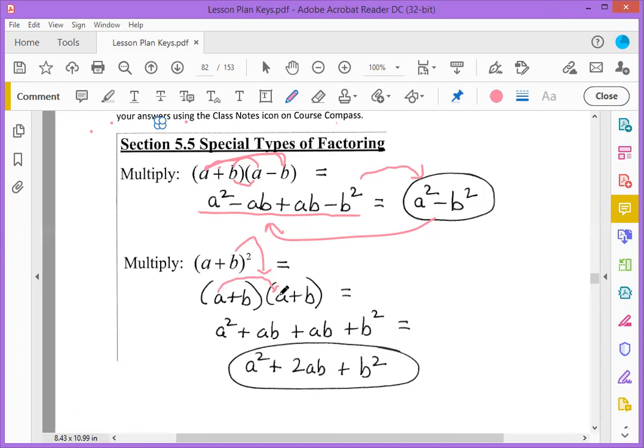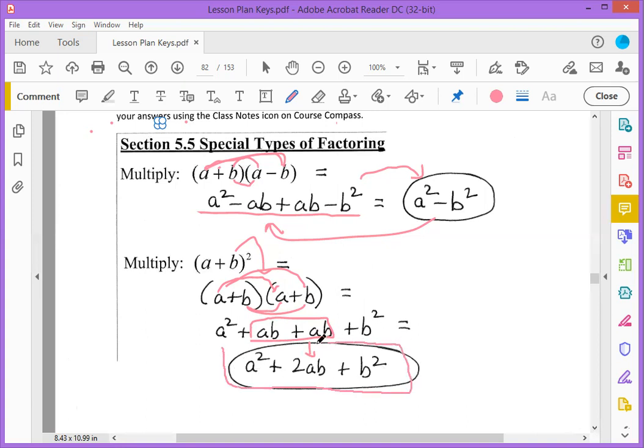First term times first term will give us a squared. The outer terms, a times b, give us ab. The inner terms, b times a, we'll write in alphabetical order again, ab. And then the last terms, b times b, give us b squared. When we simplify, we add these two middle terms together. ab plus ab gives us 2ab.